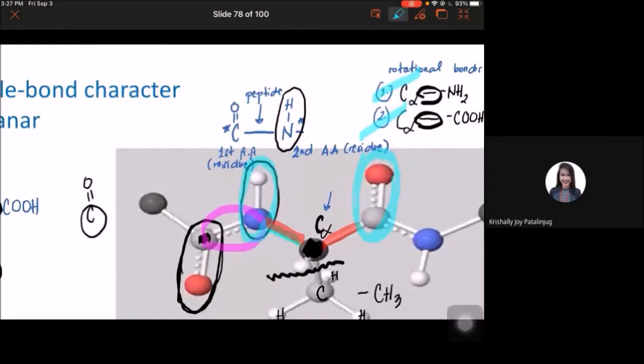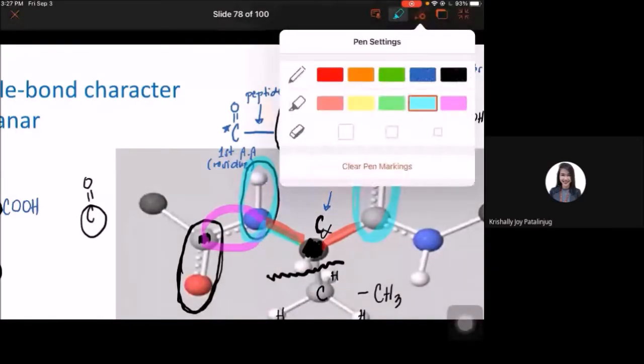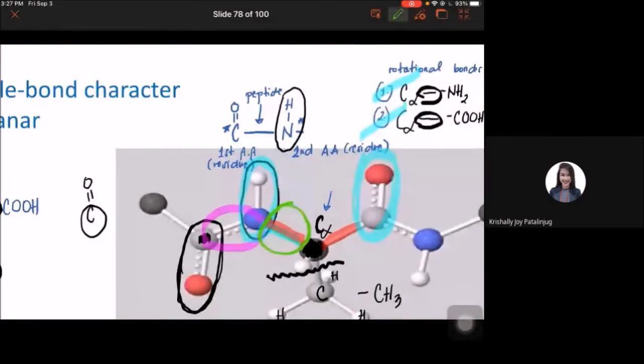Ngayon, ang tanong, ano yung implication ng pag-rotate? Okay, due to these rotational bonds, take note class, if these bonds rotate, ang tendency, magro-rotate din yung buong peptide chain.